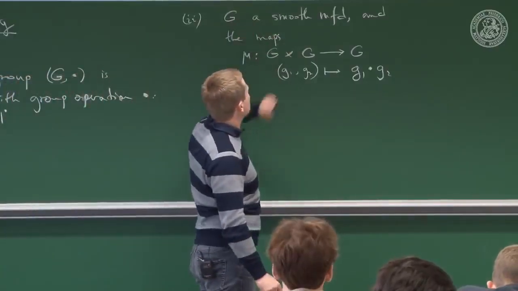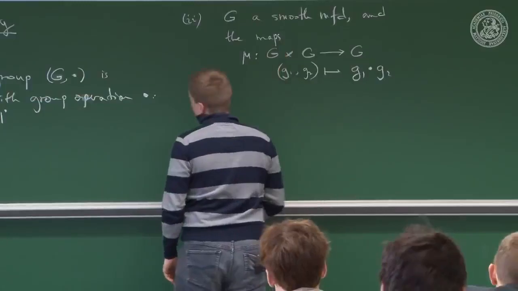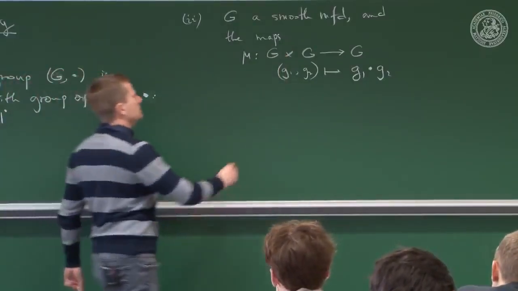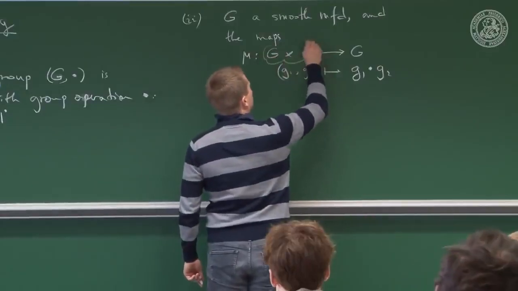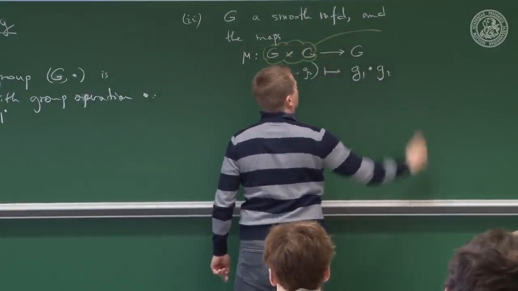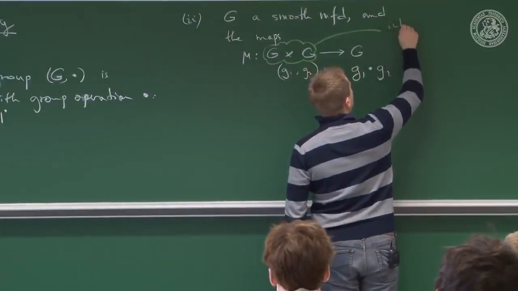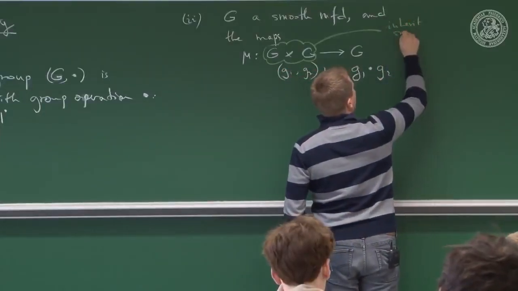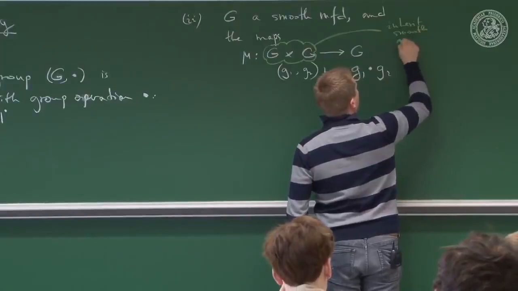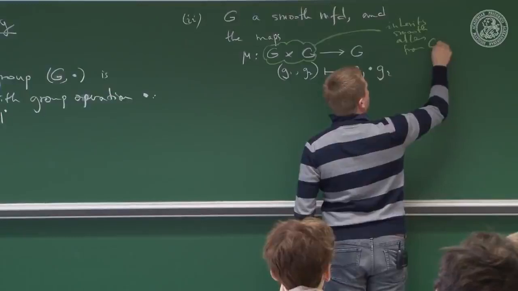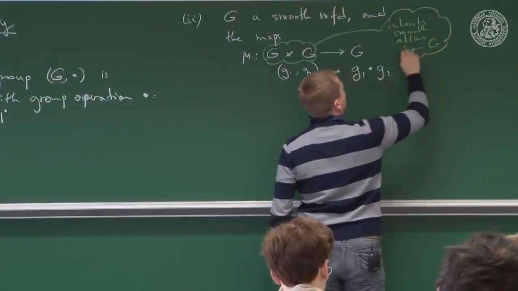But now if G is a smooth manifold, then G cross G is clearly also a topological manifold, but you can also inherit a smooth atlas from G, because G has a smooth atlas.